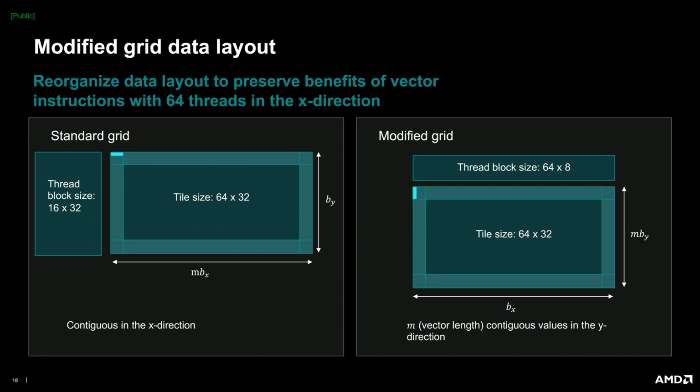Well, here's where I think it's an interesting idea. Currently, when it comes to these vector operations, it's tied to data streaming, and for efficiency a good rule of thumb is that you want a multiple of 64 in your x direction for your thread block size.